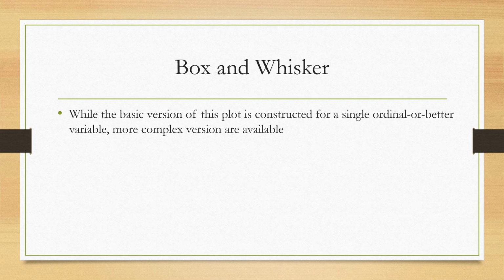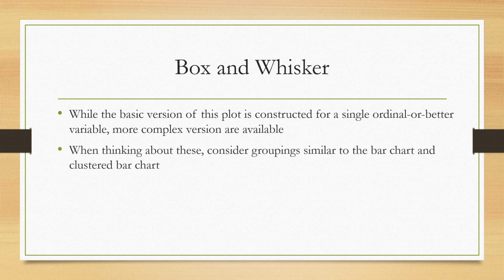So we can do a basic version. Now, box and whisker, because we're using quartiles, just needs ordinal data. Now we can do it with continuous data and do all the time. But we can also add some complexity to this. So consider grouping similar to the bar chart, and we can do something similar with box and whisker plots.